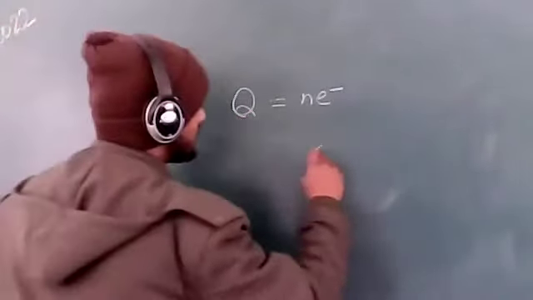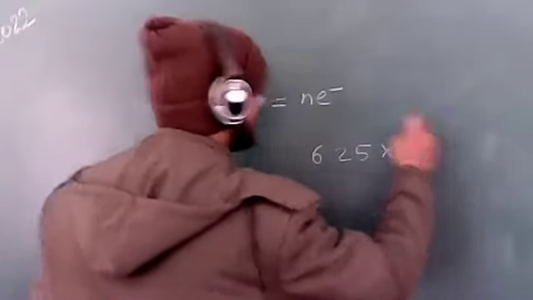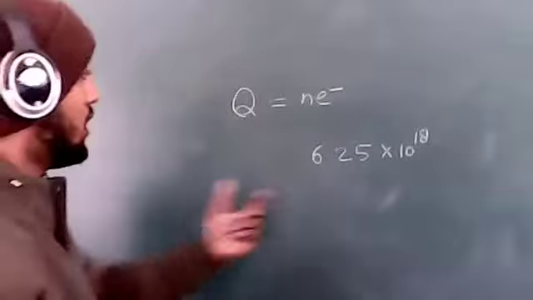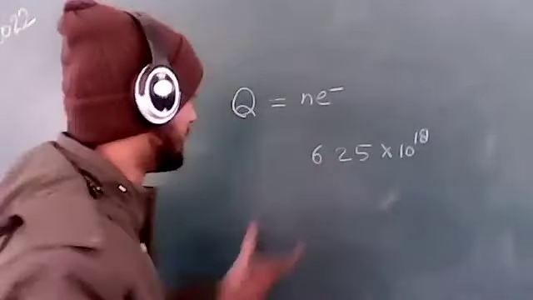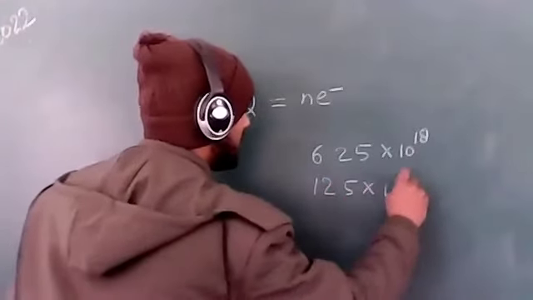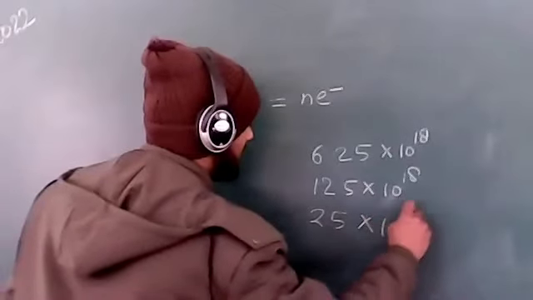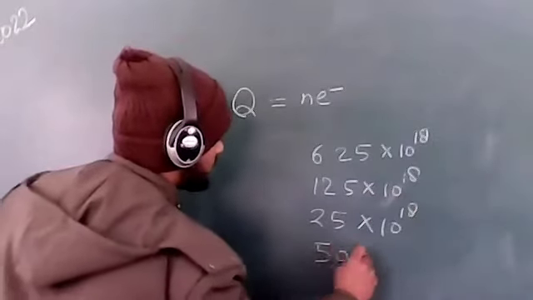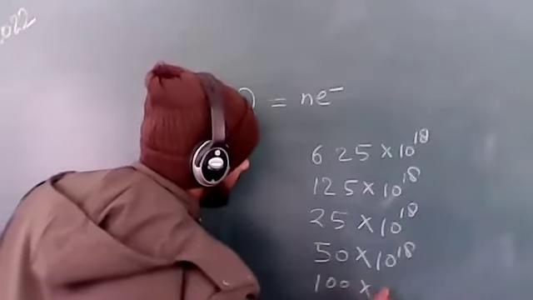You can see here, for 6.25 into 10 raised to the power 18 electrons, how much charge? 1 Coulomb. If we double it, 12.5 into 10 raised to the power 18, 25 into 10 raised to the power 18, 50 into 10 raised to the power 18, 100 into 10 raised to the power 18.